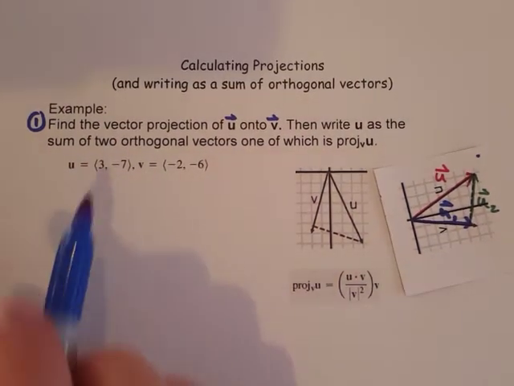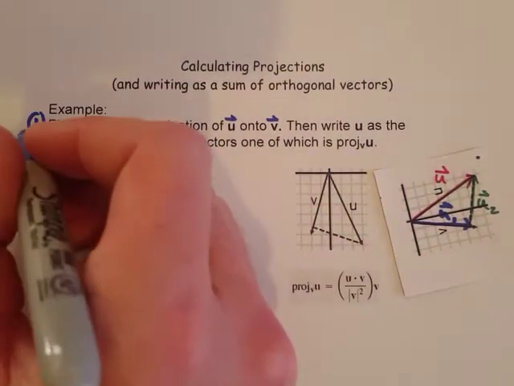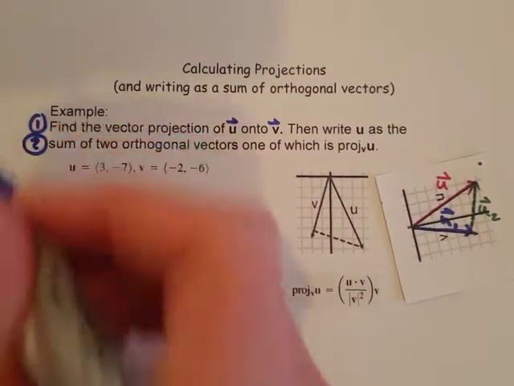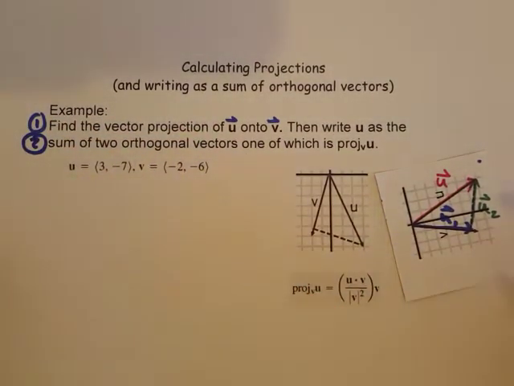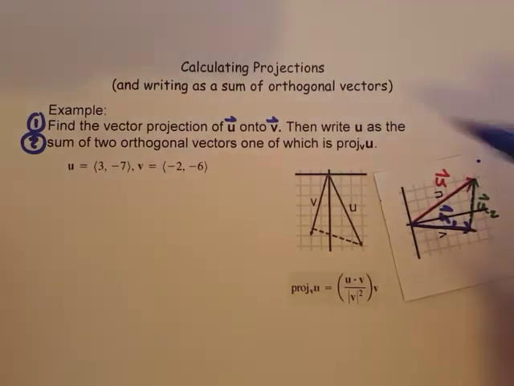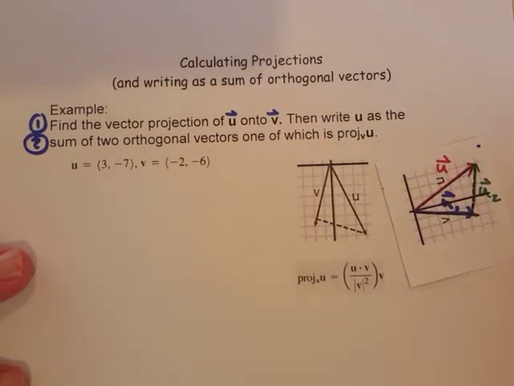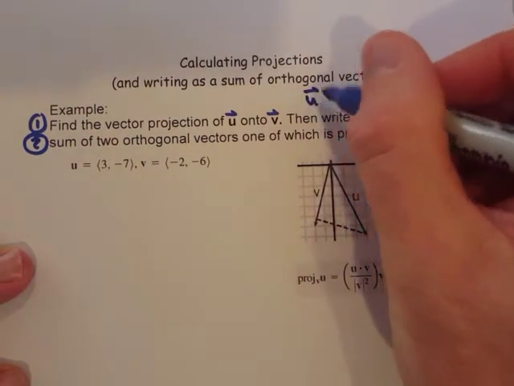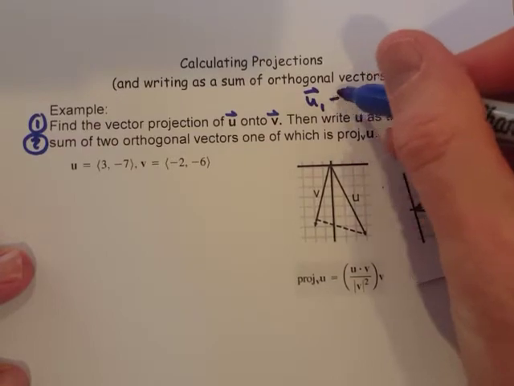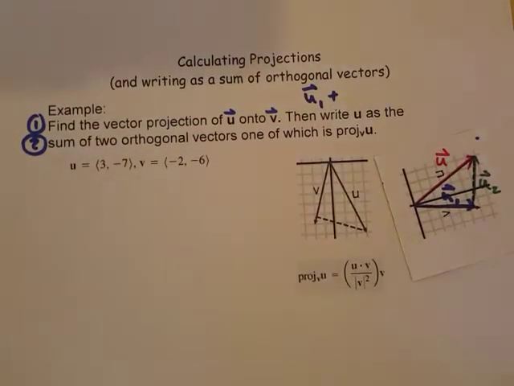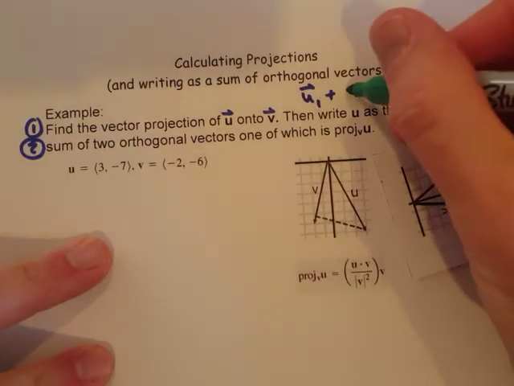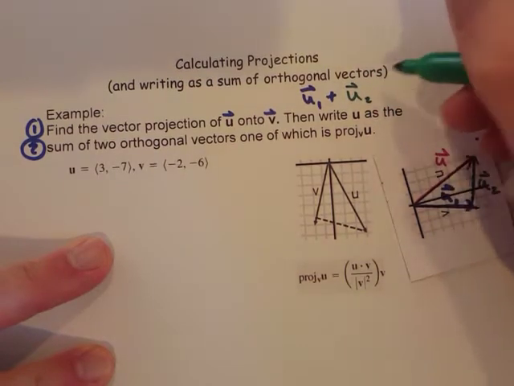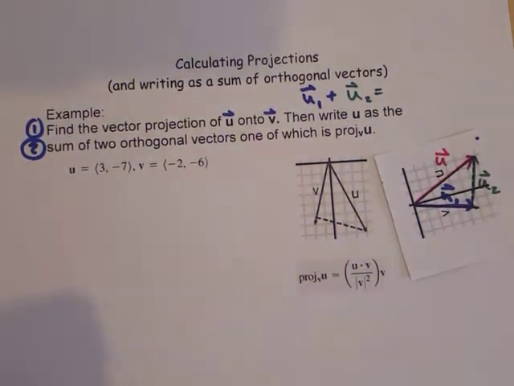So in part 2, it says to write this also as the sum of two orthogonal vectors. So we've got those two orthogonal vectors. They're going to be u1 and u2. So when we do that, we're going to make an equation sentence saying u1 plus u2 is equal to u.